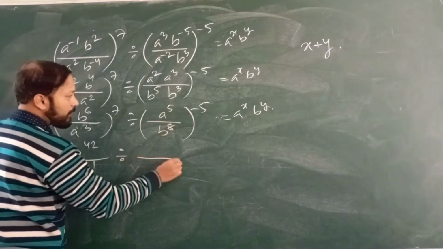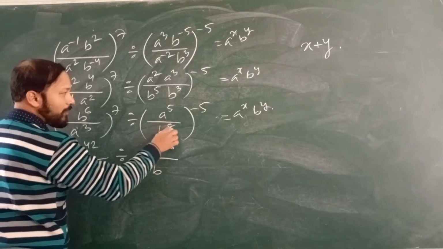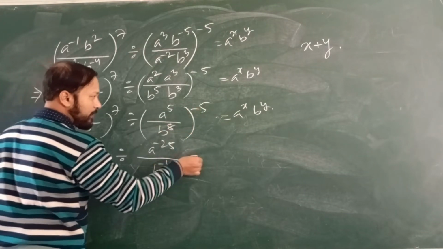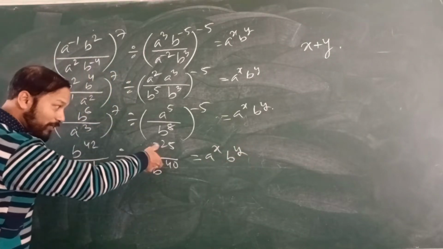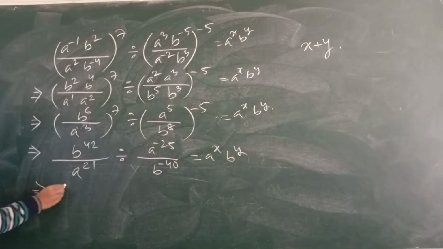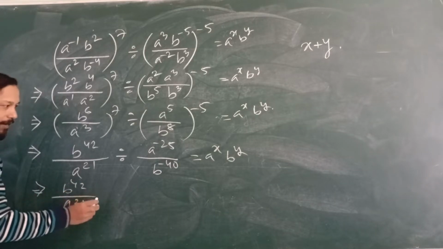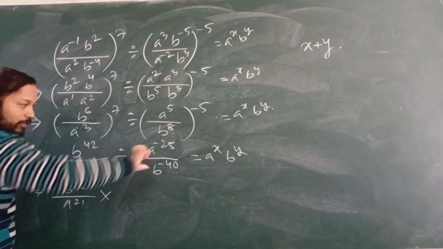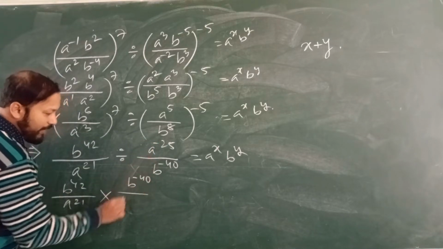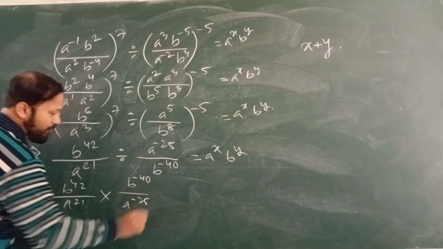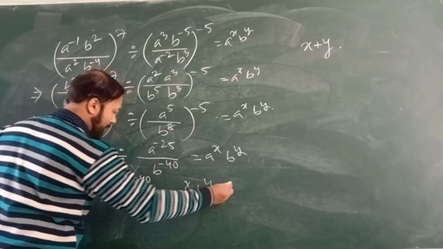This one, a to the power minus 25, b to the power minus 40. Again this will be b to the power 42 by a to the power 21, into the reciprocal of this one, b to the power minus 40, a to the power minus 25. Understood? Equal to a to the power x, b to the power y.